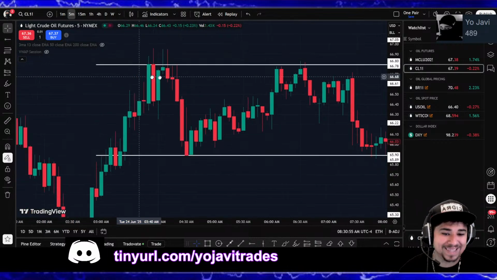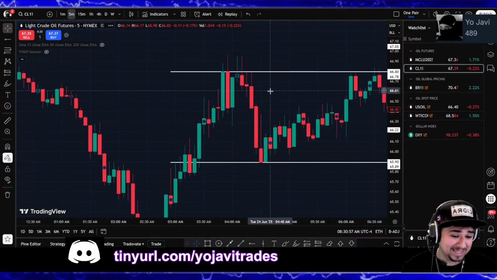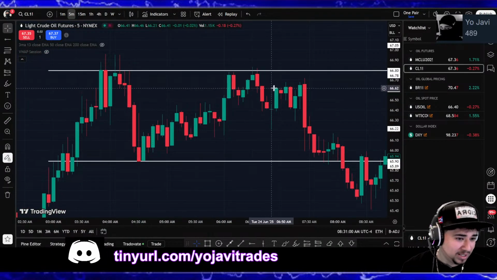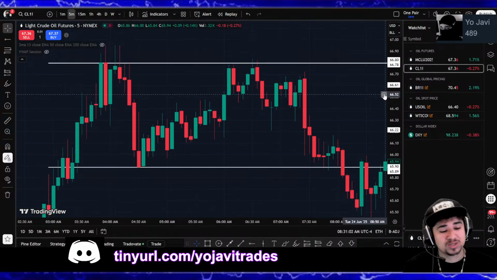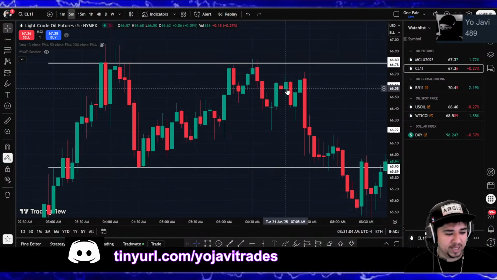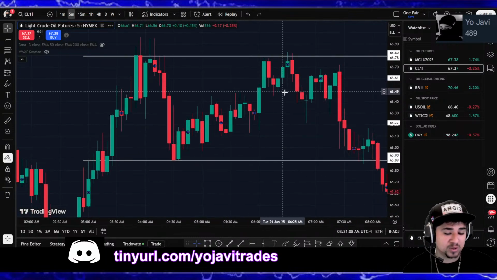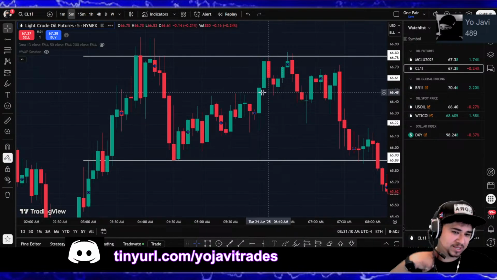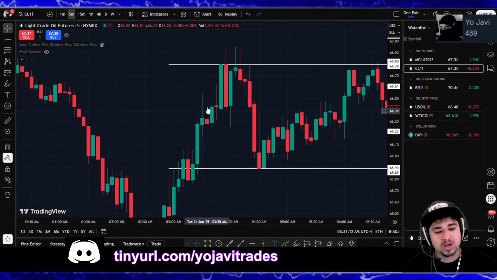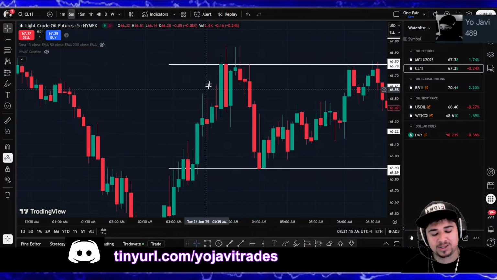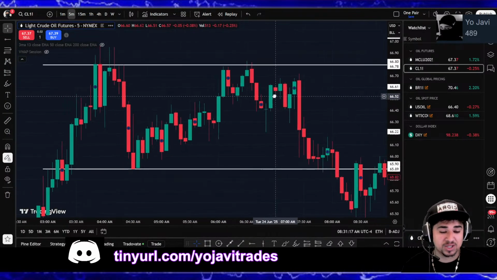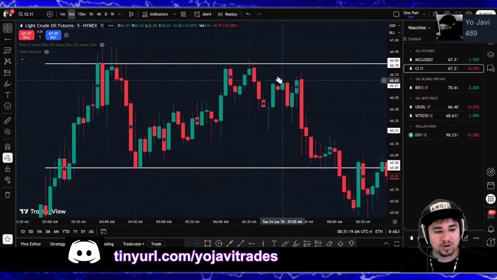Okay, I think the closest we're going to get to it is going to be this. I'm not going to go crazy looking for it. I can't say it's this one because there is no range yet. Now there is a range here, and here you have an engulfing bar.